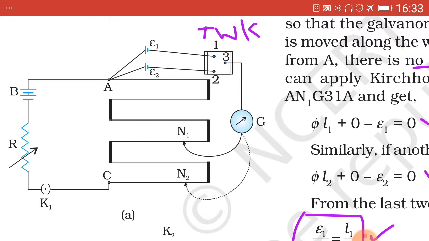Now in this figure, from point A to point C, metallic strips have been shown in the form of an L shape.